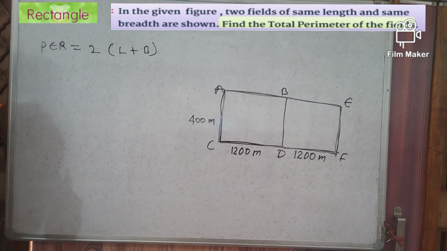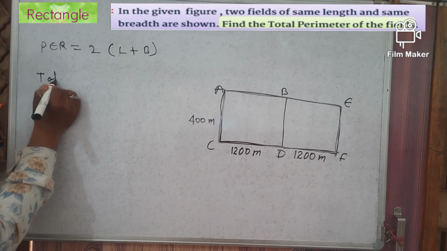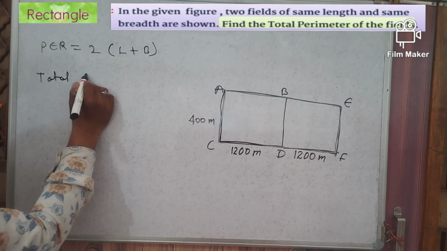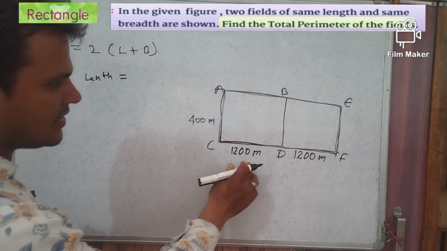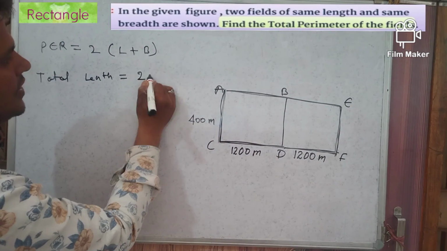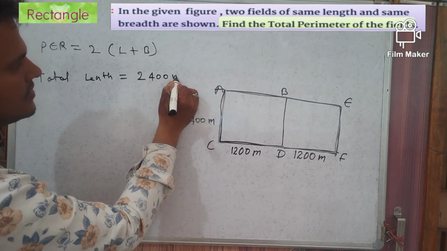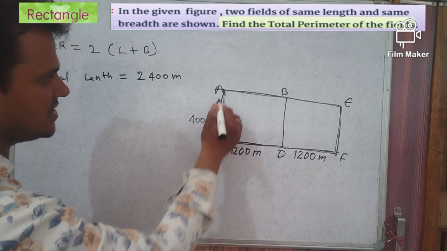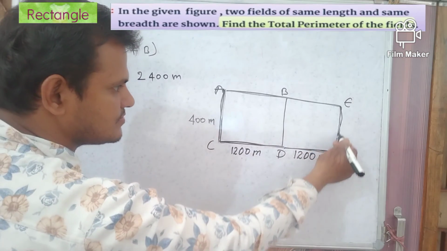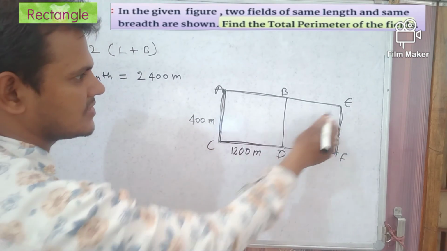So now see here, total length is equal to 1200 and 1200, 2400 meter. Breadth is the same, right? Breadth does not change. This breadth and this breadth are the same.